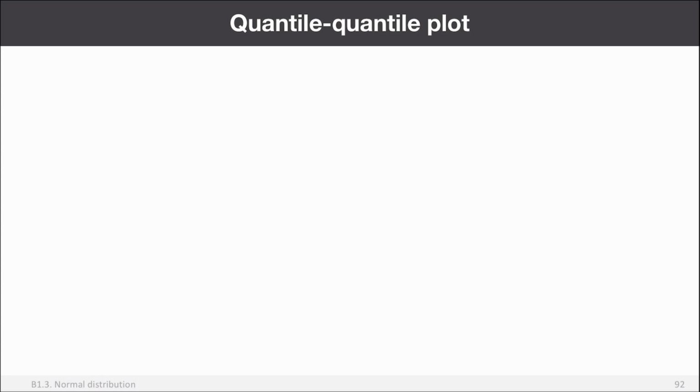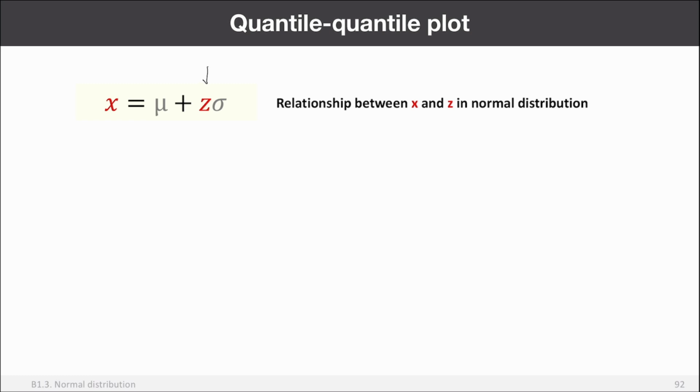The idea is the following. You remember that if X is normally distributed, then we can write an expression that describes this normality, right? So we know that X is a combination of random values taken from the standard normal distribution, Z, and then two parameters, mu and sigma, which are parameters of your population the values come from.